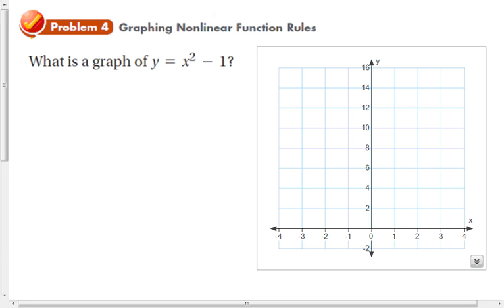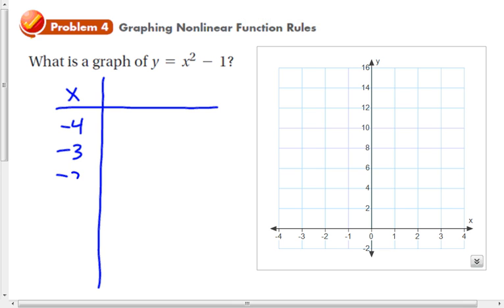All right, last problem. We're going to graph this. This is a nonlinear function. For sure, when you do nonlinear functions, you want to make sure you pick some positives and some negatives for inputs. So I'm going to do -4, -3, -2, -1, 0, 1, 2, 3, and 4.